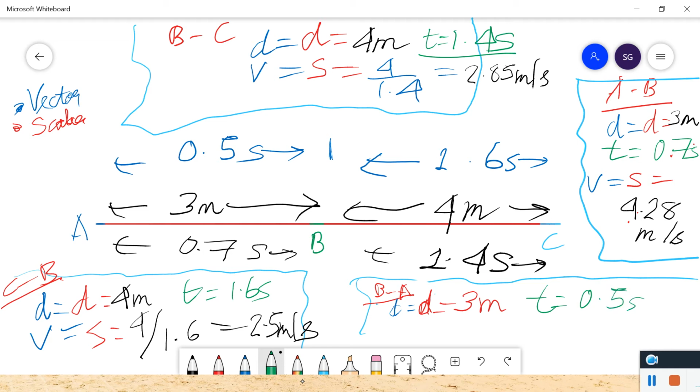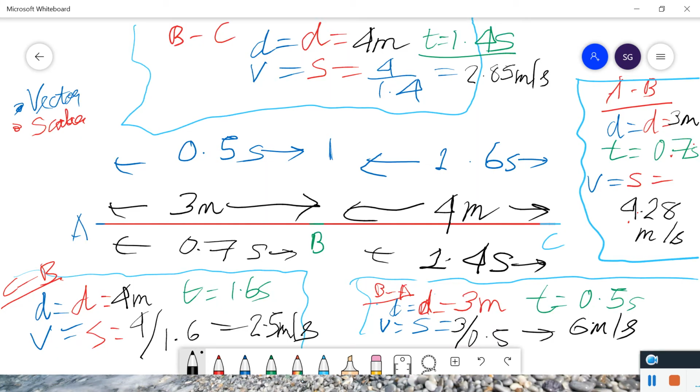So velocity is equal to speed is equal to how much? 3 divided by 0.5, that is 6 meter per second. Fine. See, here are the results.